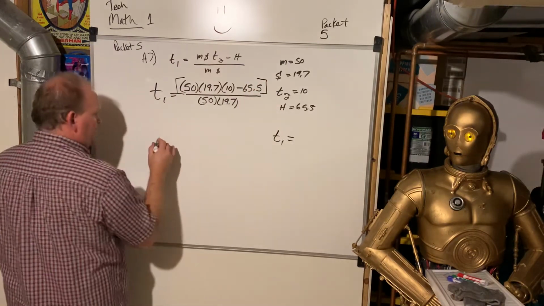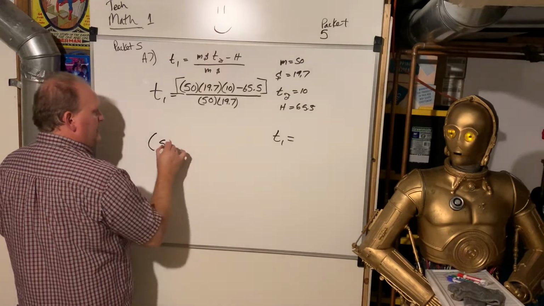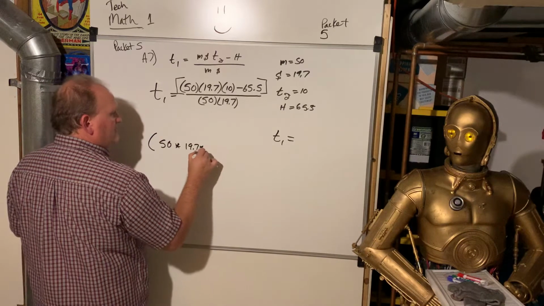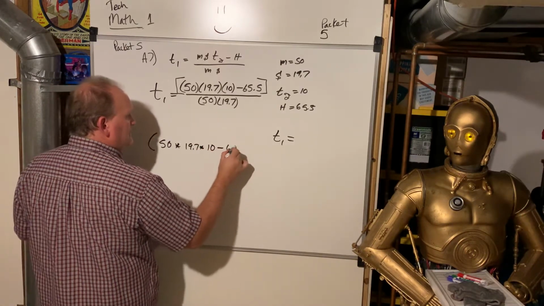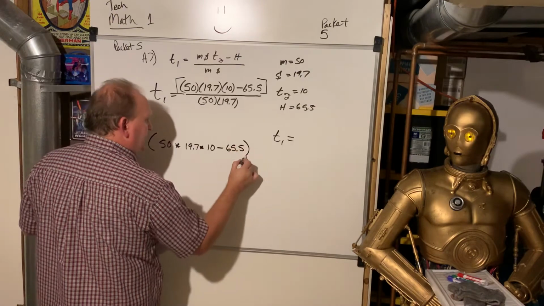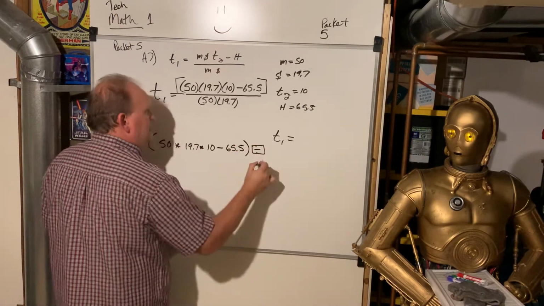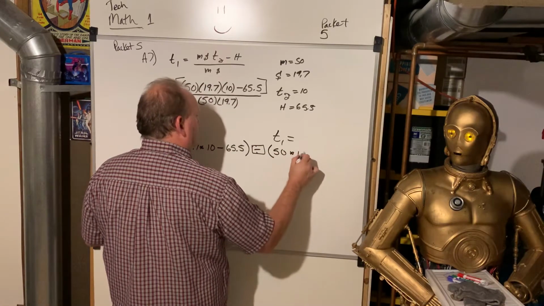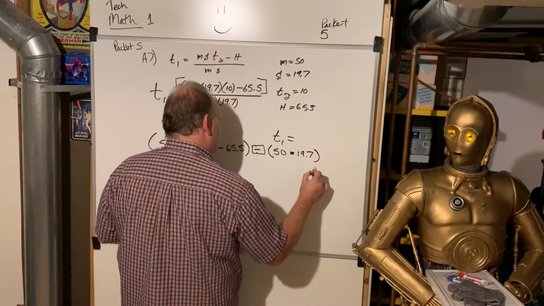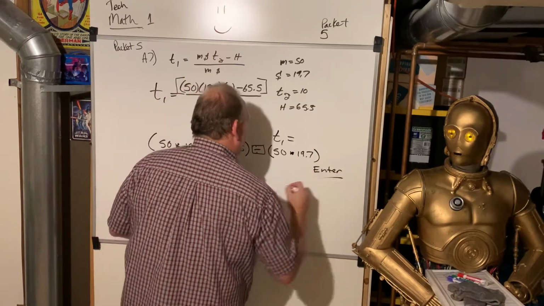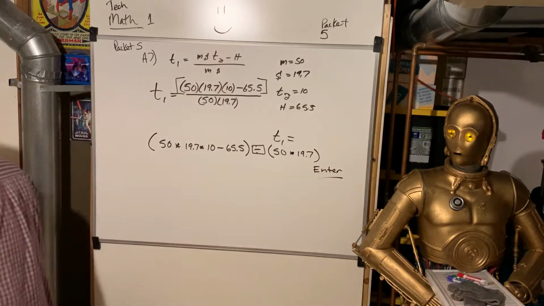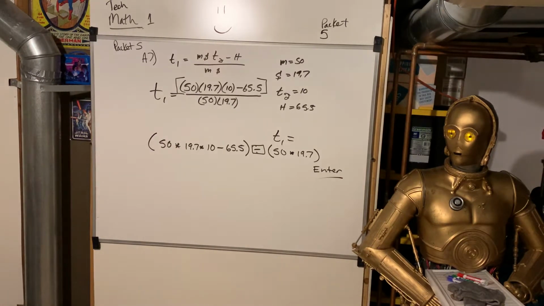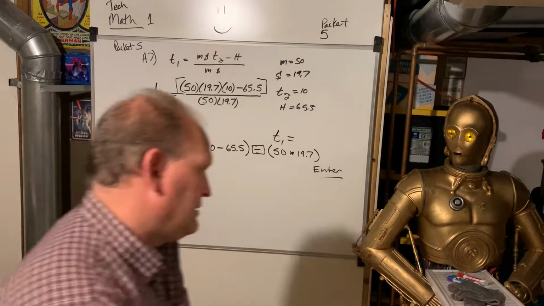So if I'm keying this in, it's going to look like this. Parenthesis 50 times 19.7 times 10 minus 65.5 end parenthesis divided by parenthesis 50 times 19.7 end parenthesis, and then hit enter. And so when you do that, we should get 19.93.